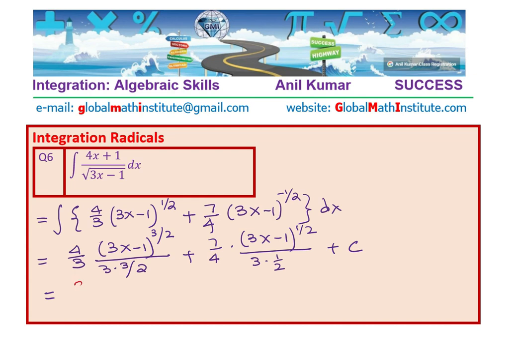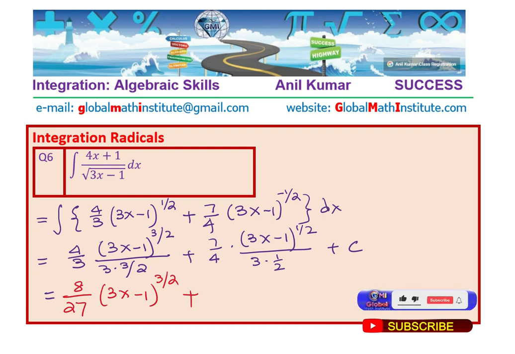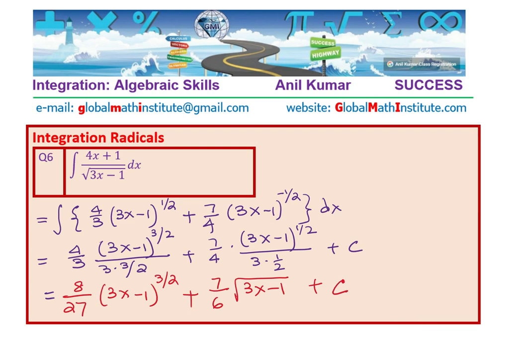So we have 8 over 27 in this case, and we have 3x minus 1 to the power of 3 by 2 plus. So when you multiply this, this becomes 2 times 3, 6 in the denominator, 7 over 6 square root of 3x minus 1 plus the constant c. Makes sense? See how easily we have solved all these questions now.